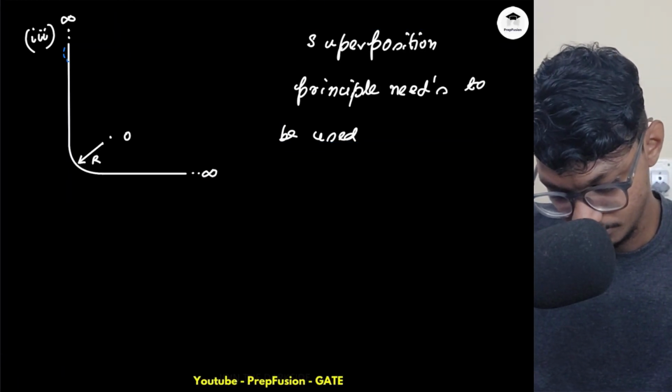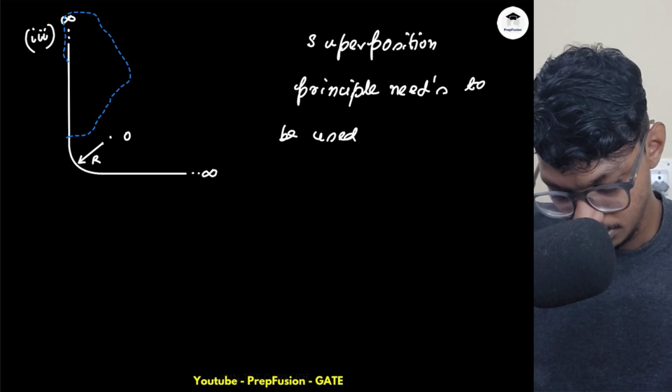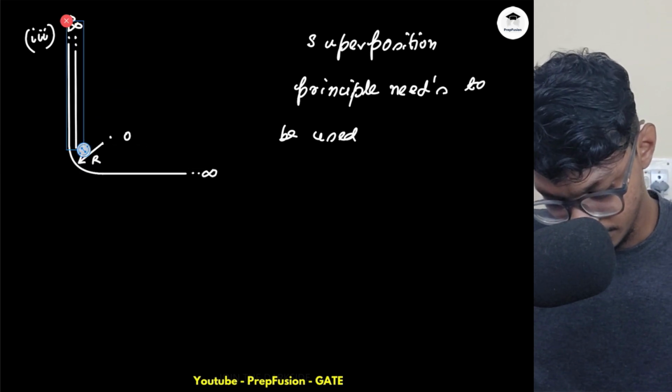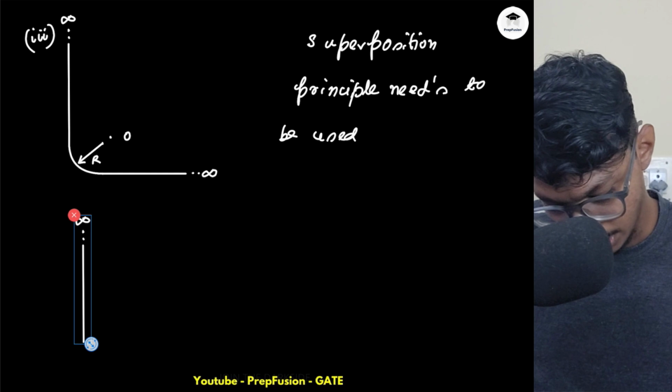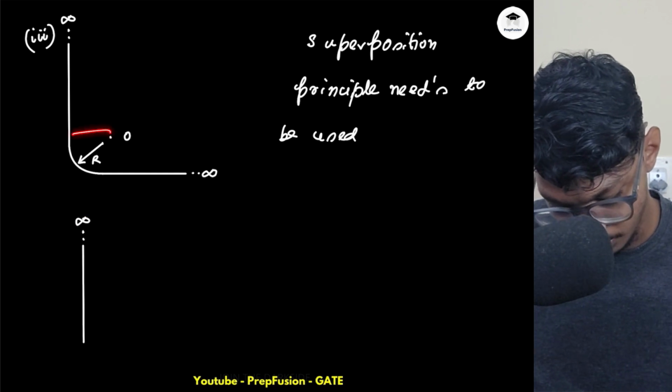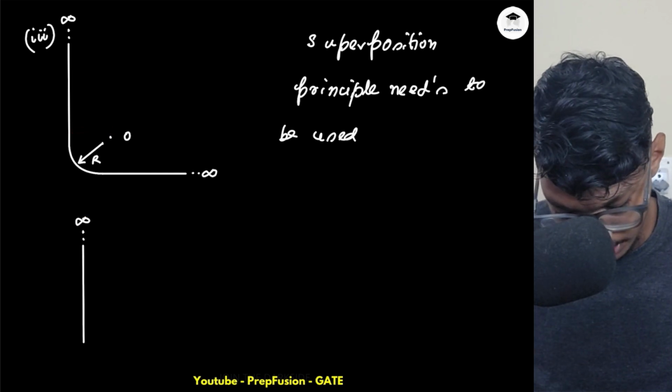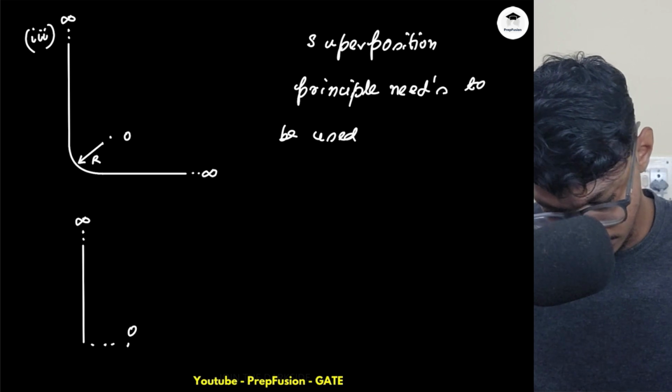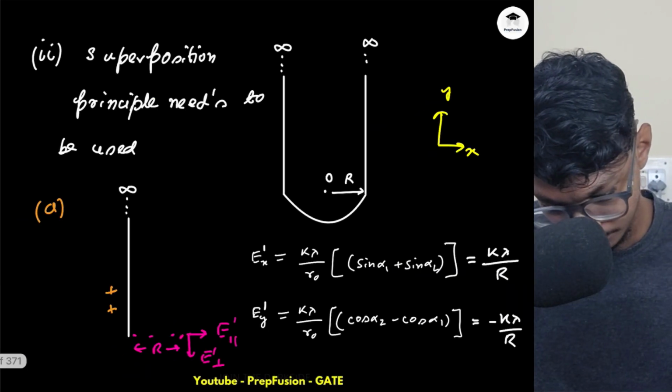If I compute the electric field due to this, this is the infinite rod, end of another rod, right? So this formula will again be the same. This will not change. So this will be same as this case.